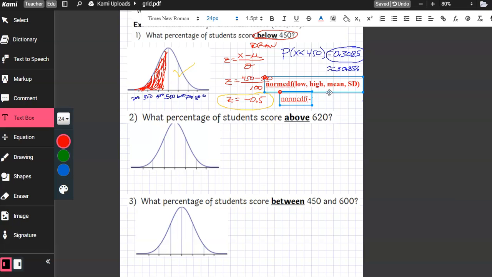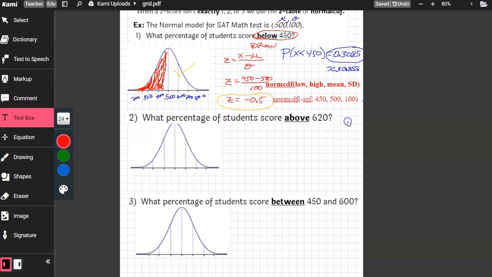You need the infinity symbol. I don't have it here, but I'll just type in the word infinity. And it goes all the way to 450. The mean is 500 and the standard deviation is 100. If you put that in your calculator, it should give you something very close to 0.3085.